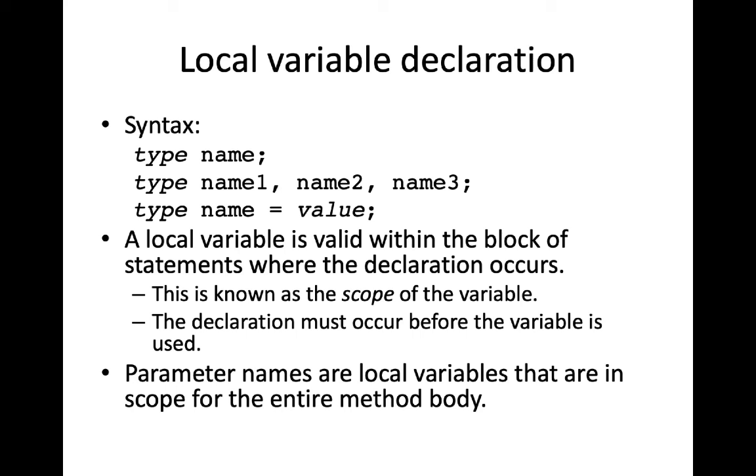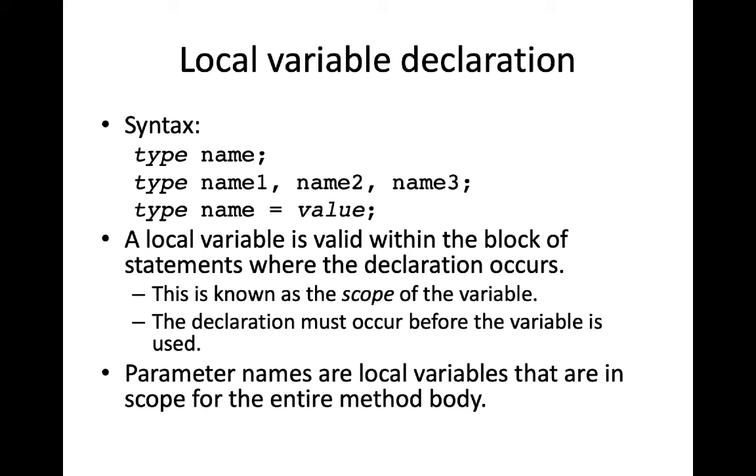Then that variable is limited in its scope to just that block of statements. And in general, you should try to limit the scope of your variable to just where you need it, so that it doesn't accidentally cause a bug if you use it in some other place without realizing it. You want to limit your local variables to just where they're expected and needed. The scope of a variable is determined by the enclosing block of statements.